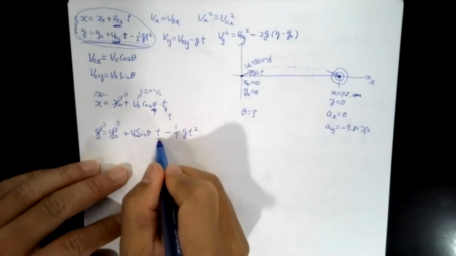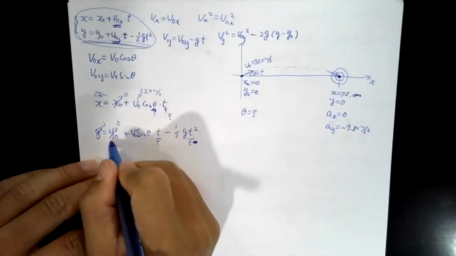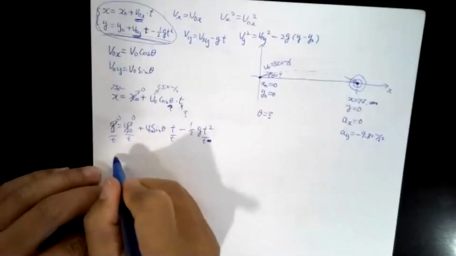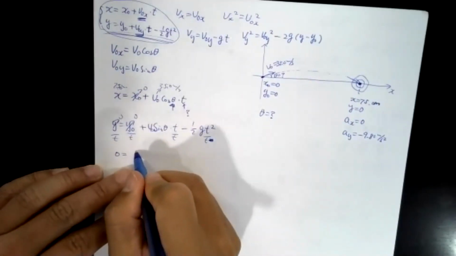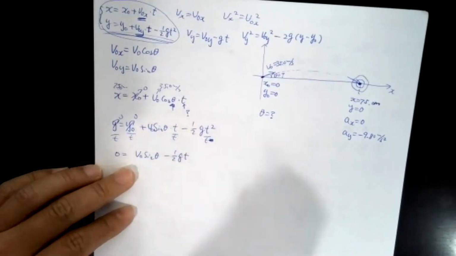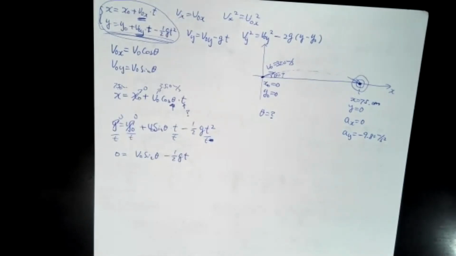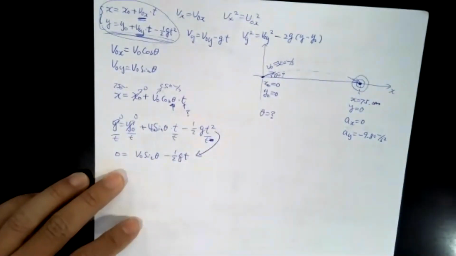You can divide each term by t, not t squared. So it would be 0 equals v0 sine theta minus 1/2 g t, since 0 over t is still 0. Okay, so you can rewrite the second equation to become this equation.